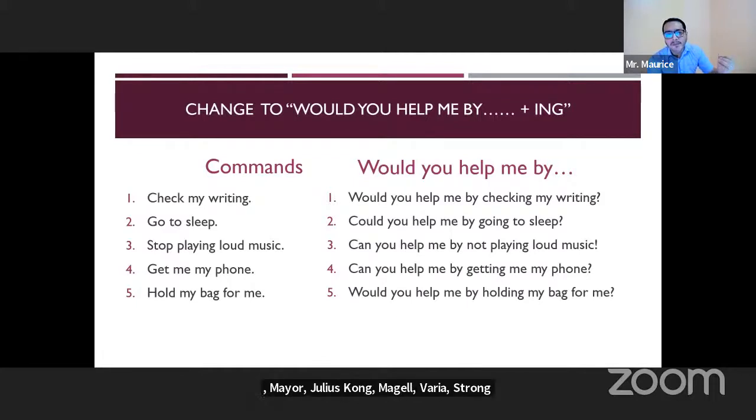Would you help me by? Recordemos, este tipo de estructuras pues es para denotar un nivel un poco más sofisticado o más formal, muy académico de solicitar algo. Would you help me by? Me ayudarías con. Okay?